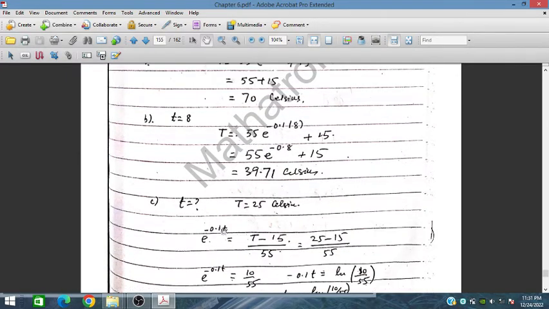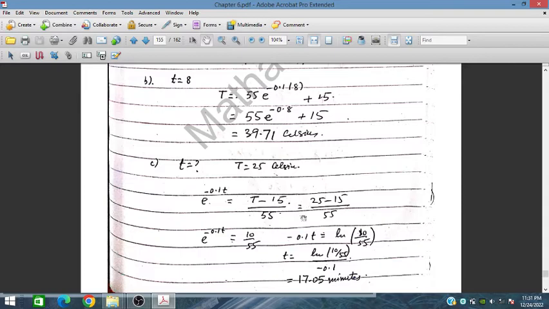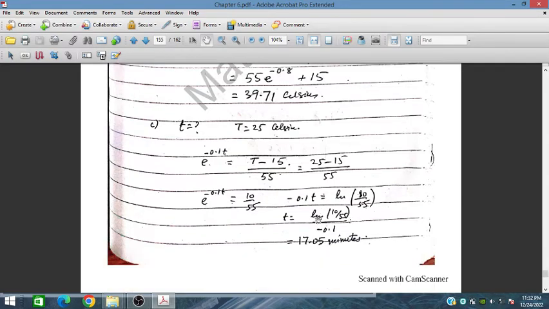So e power minus point t is equal to T minus 15 divided by 55, and now in place of T we will write 25 and we will get this value, and then take log n both sides, and then the solution gives 17.05 minutes.